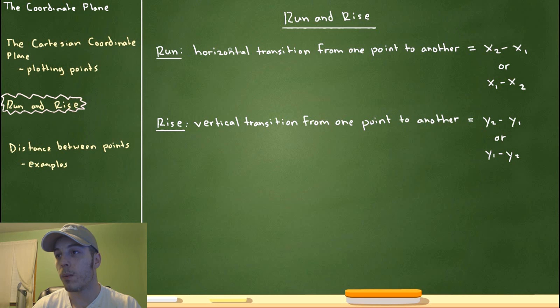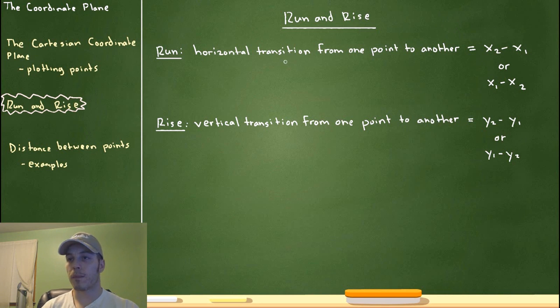So we have the run here. The run is the horizontal transition from one point to another. And I have here an equal sign. x sub 2 minus x sub 1, or x sub 1 minus x sub 2.